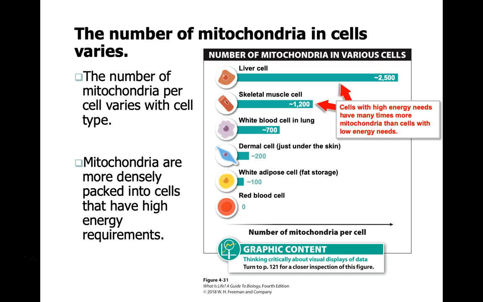Getting down to skin cells, we have a lower number of mitochondria. Fat storage cells and red blood cells don't need nearly as many mitochondria because the cells themselves have lower energy needs.